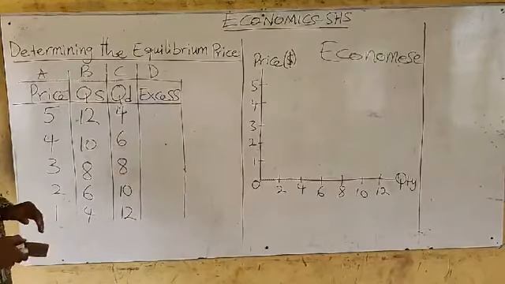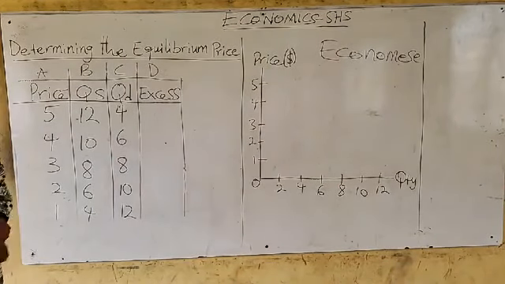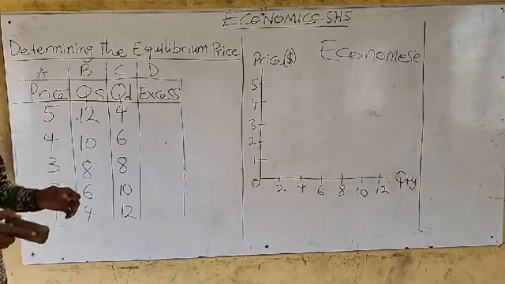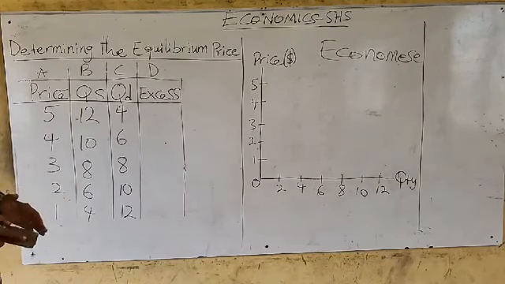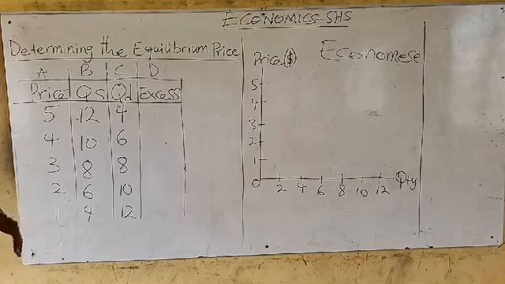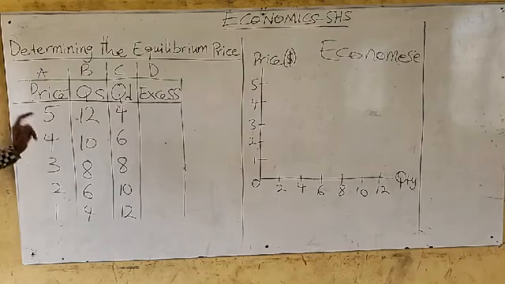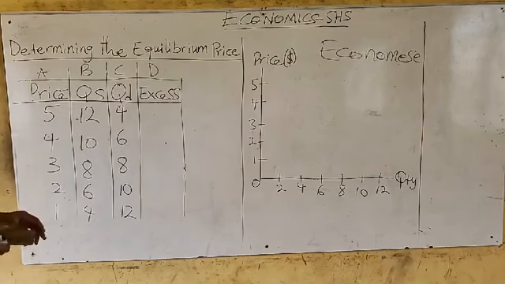So we go to the table and explain how buyers and sellers are able to agree at a particular price and, for that matter, quantity. Column A stands for the price at which the product would have been sold at one time or the other. We have been assuming dollars all the time.